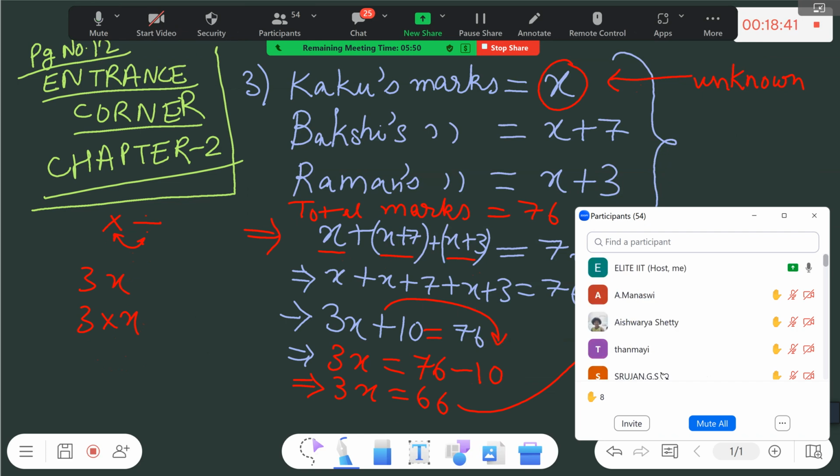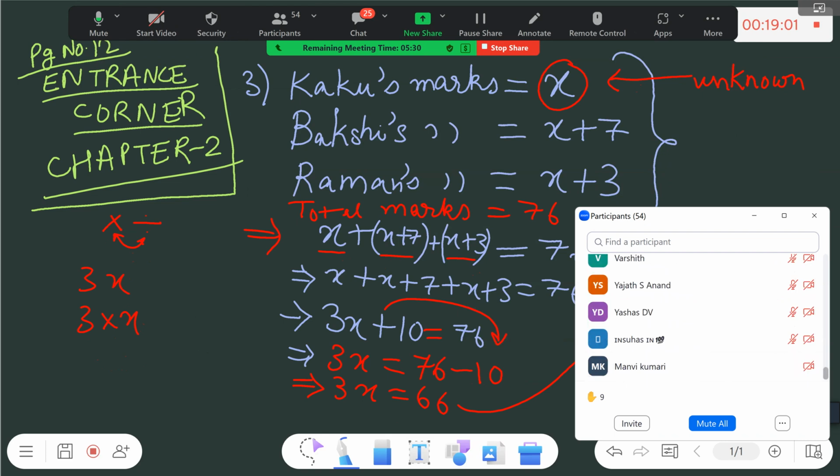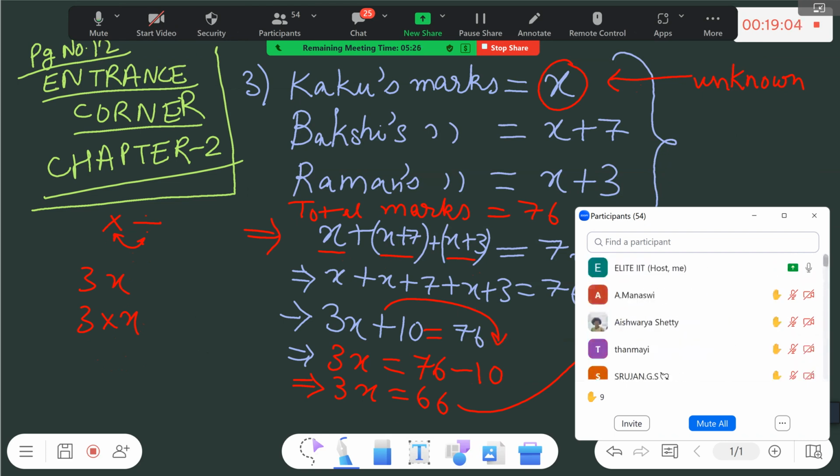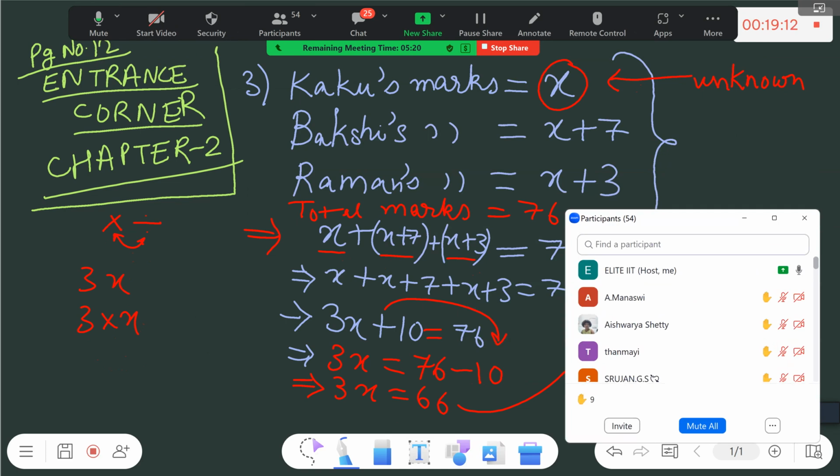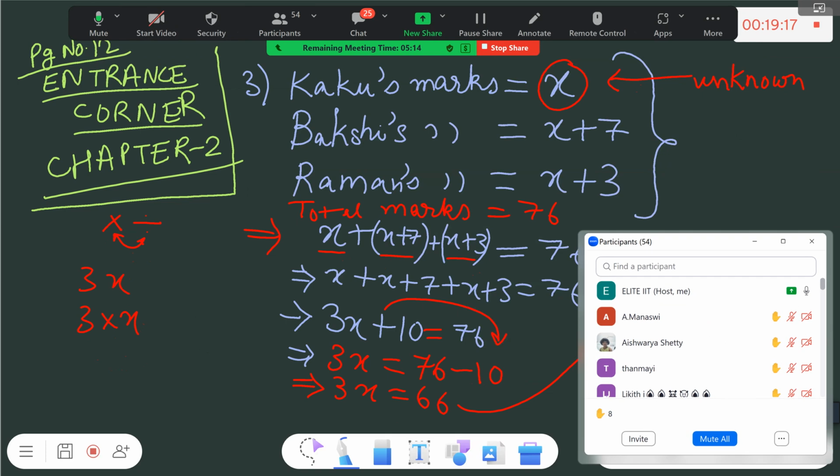Yeah, tell me. X doesn't have any value means, see, we don't know the value of x, isn't it? Basically we write x to assume something. What do we assume? Some quantity which we do not know.